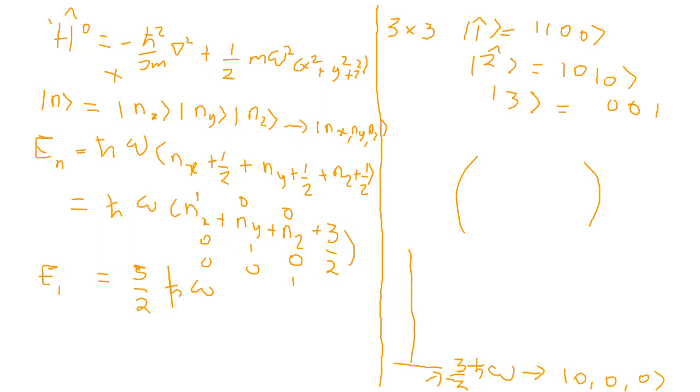Then what I did was add a similar perturbation, which was xy, and I'm asking what the energy corrections are. So here there will be things like H_31, H_32, and H_33, and similarly.